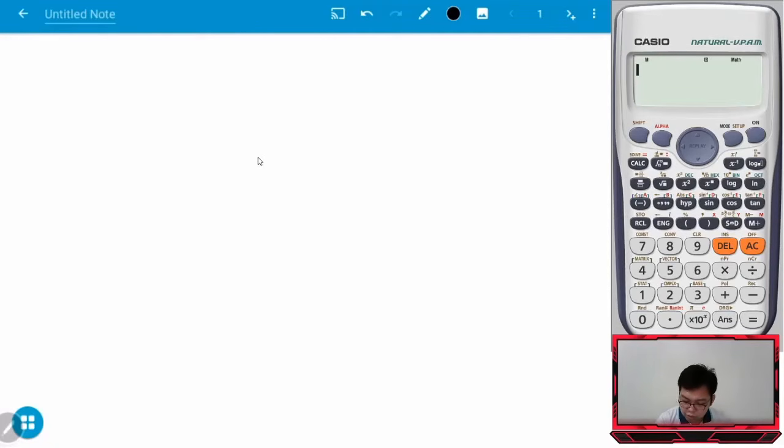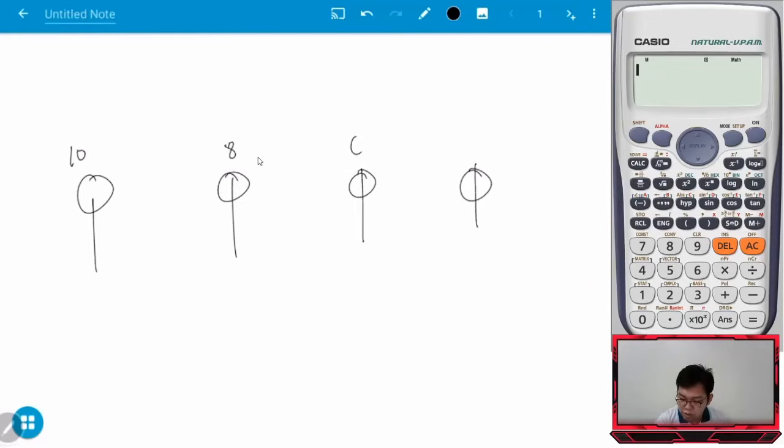Ganito na lang, para hindi tayo mahirapan: 1, 2, 3, and then 4. Okay, yung area 1 natin is actually 10. Yung area 2 is 8. Yung area 3 is 6. Yung area 4 is 10. Tapos yung distances nila is 20 feet, 15, at saka 25.